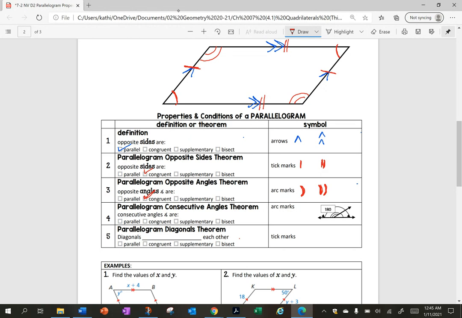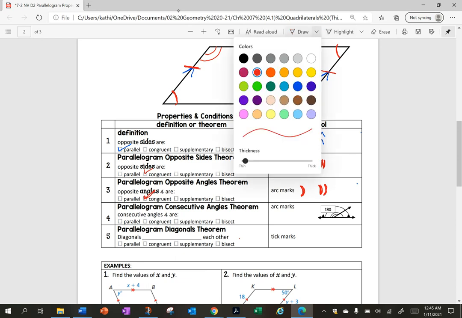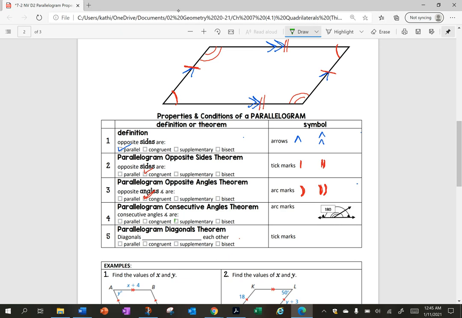Parallelogram consecutive angles theorem. Consecutive angles of a parallelogram are supplementary. Supplementary means when I add them together, they total 180. So I have one angle with one arc mark and one angle with two arc marks. If I look at these two angles and add them together, they total 180.